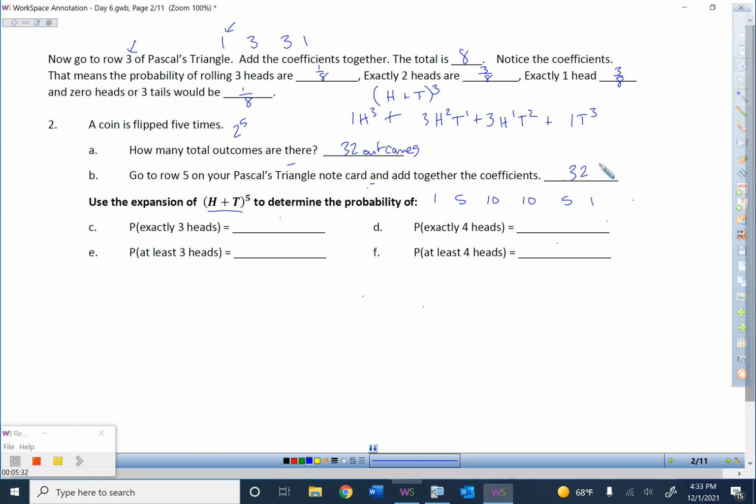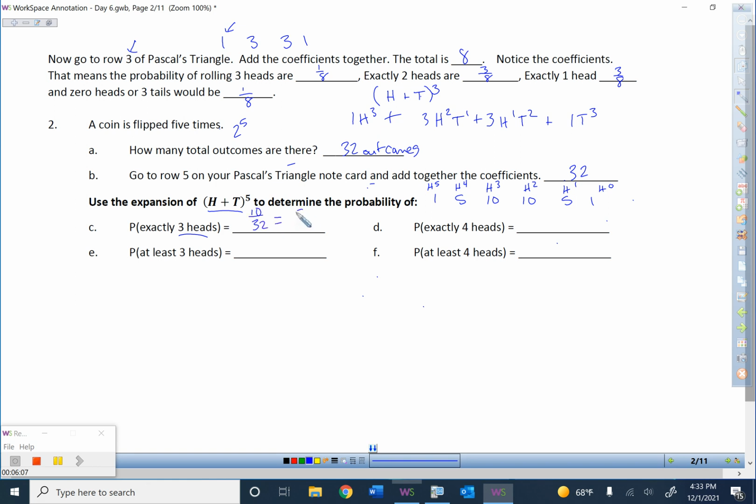But again, we're going to talk about what it means. This one goes with heads to the fifth power. This one goes with heads to the fourth power. This one is heads cubed, heads squared, heads to the first, and 0 heads. So if we want to find the probability of exactly 3 heads, we're just going to use these two things together. 3 heads went with the number 10, so the number 10 goes on top over 32.